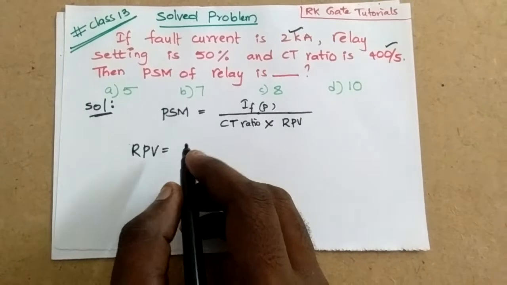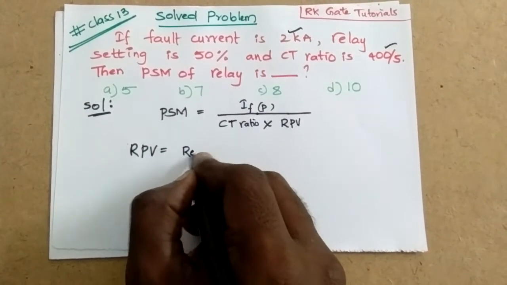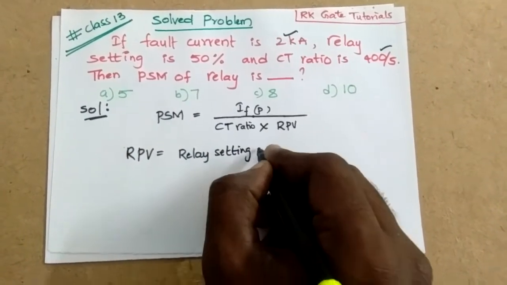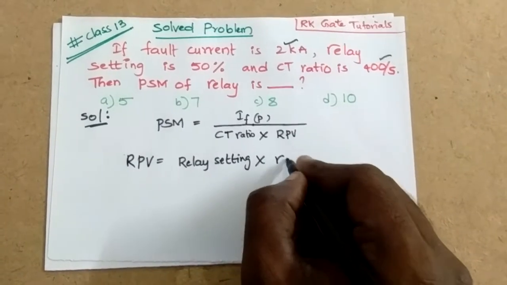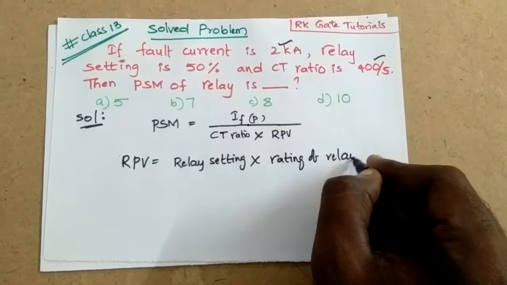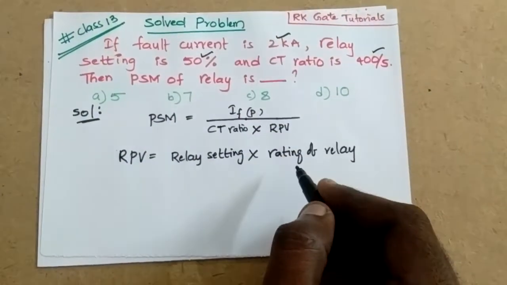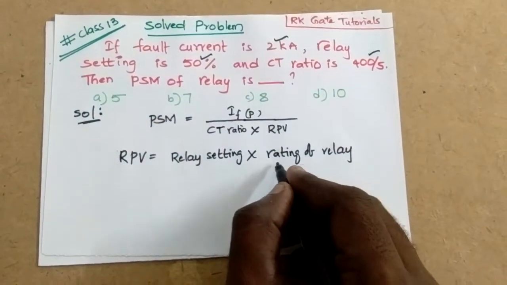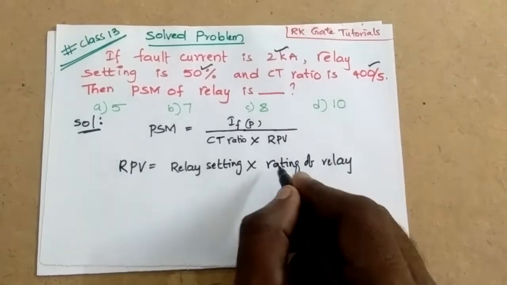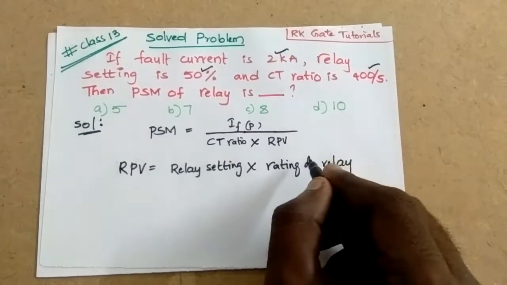What is the formula for RPV? It is the relay setting multiplied by the rating of the relay. Here the relay setting is given, that is 50%, but the rating of the relay is not given. So where is the relay coil connected?